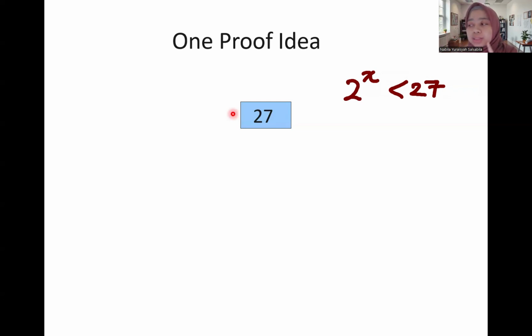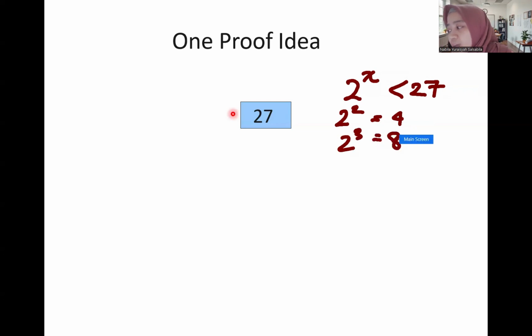So let's check. 2 to the power of 2 is 4. How about 2 to the power of 3? 8. Is there any larger number that can be expressed as a power of 2? 2 to the power of 4 is 16.